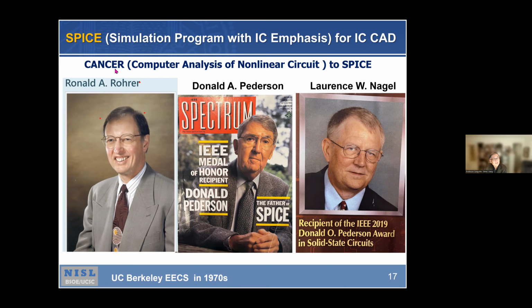So that's why CAN, circuit, CANCER. Then one of the students in the class was Larry Nagel, shown on the right-hand side, Lawrence Nagel. And the gentleman in the middle, you probably know him, is Donald Pederson.